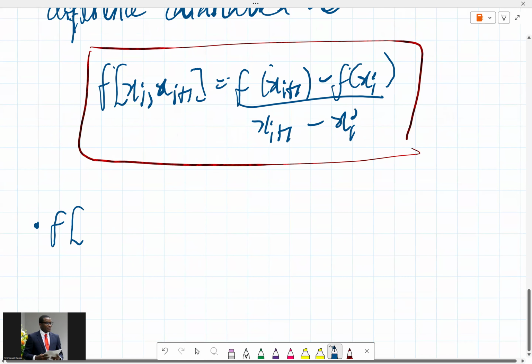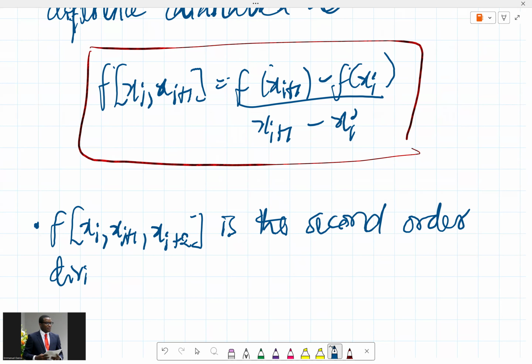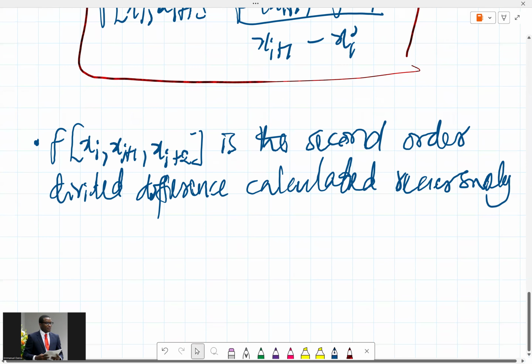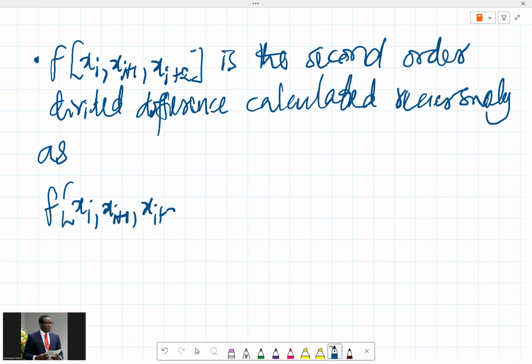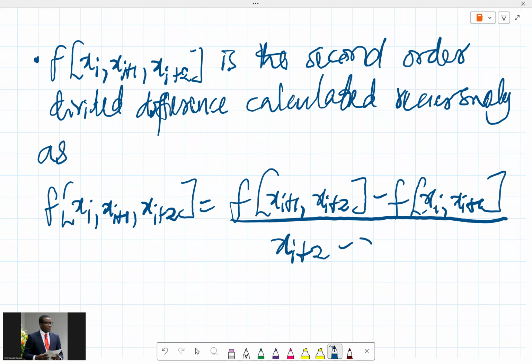We have f of xi plus 1, xi plus 2, and this is the second order divided difference, calculated recursively as f of xi plus 1, xi plus 2 equals f of xi plus 1, xi plus 2 minus f of xi plus 1, all over xi plus 2 minus xi.